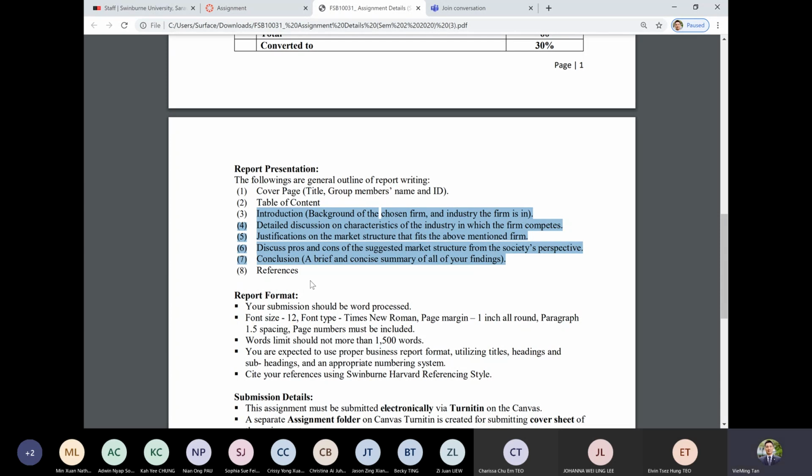If you include the in-text referencing and it's about 1,600, it's still acceptable. So any other question on the word count?